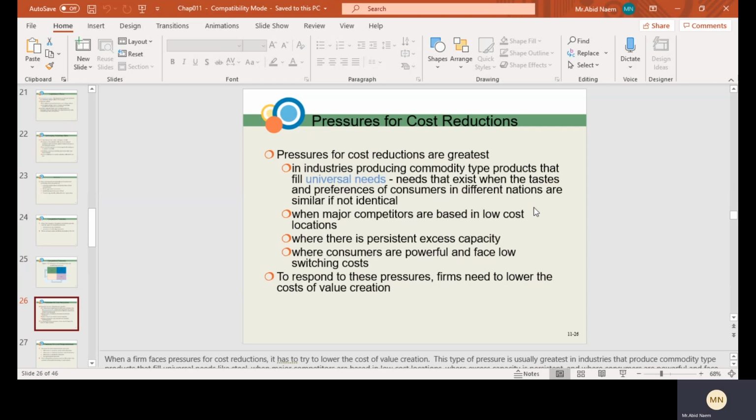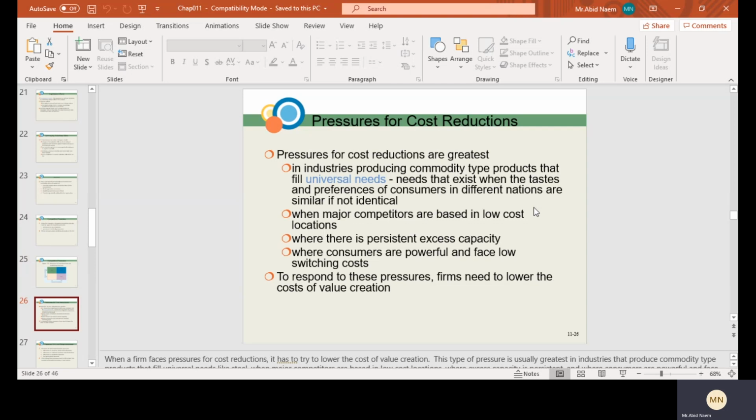Now, let's try to understand this. Pressures for cost reductions are great in industries producing commodity type products that fulfill universal needs. Universal needs, which are borderless, genderless, ethnicity-less, cultural-less. These are the universal needs which every human being has to satisfy. According to Maslow's need hierarchy, these include physiological needs.